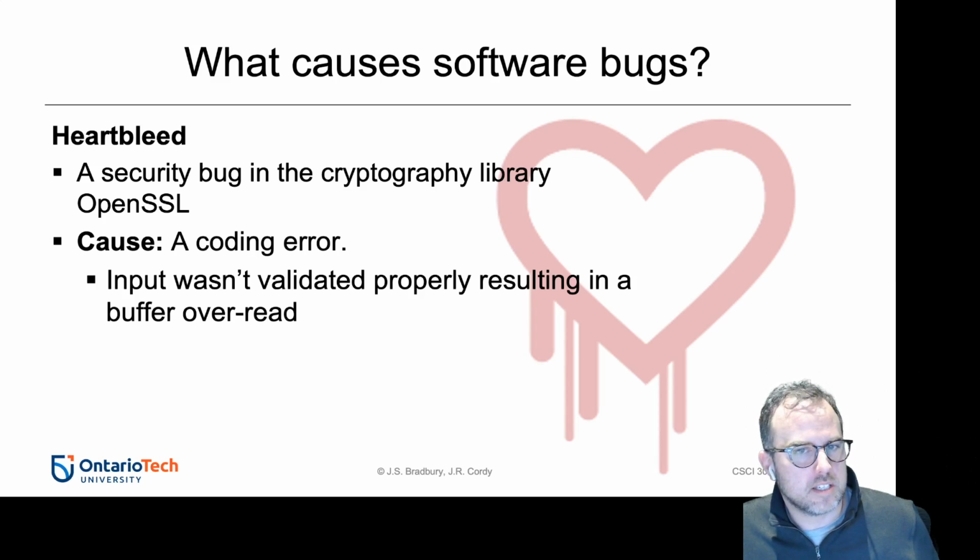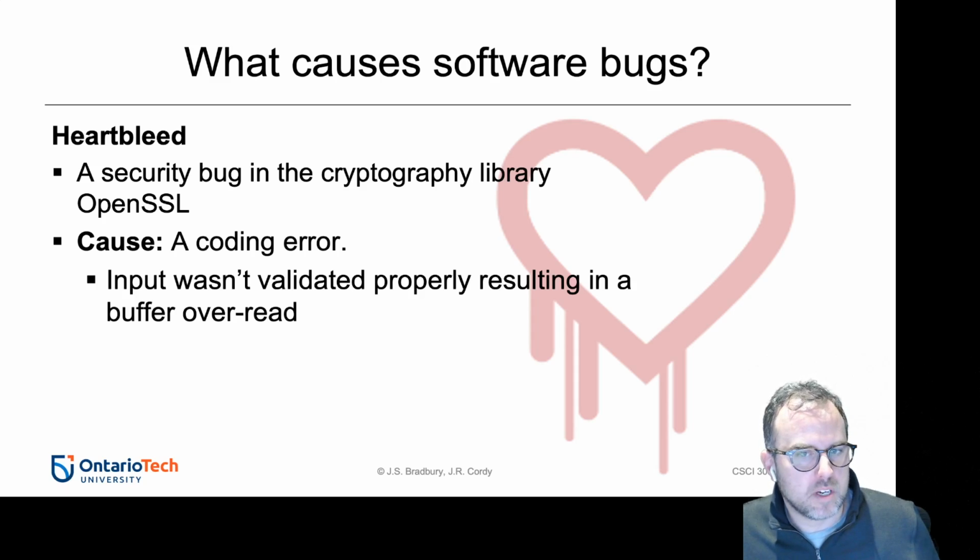In this cryptography library, OpenSSL, which is what we use for secure communication on the internet, one of the main libraries, the problem was they didn't validate the input at a given point in the library.